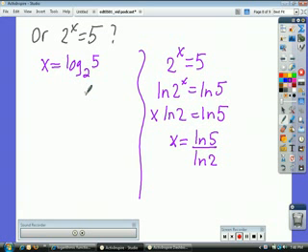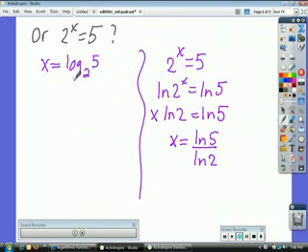Now some of you would tend to tell me that this is not equal. These two forms are not equal. They are in fact equal, because remember, I can do this as log or natural log because I'm doing both sides. I could have written log, and gotten log 5 divided by log 2 using common logs, log base 10.